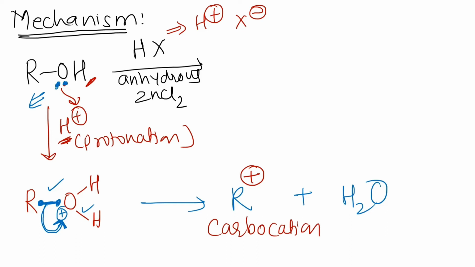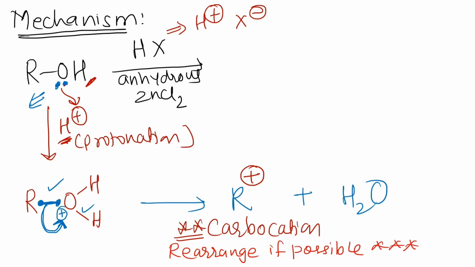Wherever you see this term carbocation, wherever you form this carbocation, what you have to remember? Rearrange if possible. Rearrange if possible. Wherever you see this carbocation. So now what will happen? Now this X minus will come into the picture.